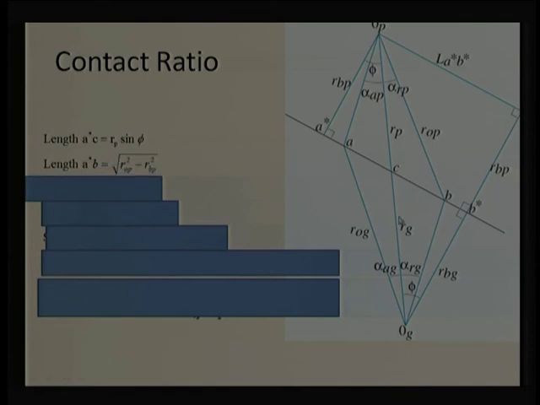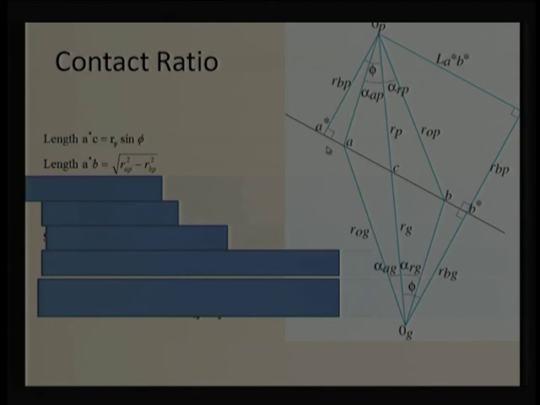Now, we can figure out this length also, A star B. Again, there is a right angle triangle. A star B can be figured out using this relation. We can take this ROP also in terms of that, and we can find out this using those relations. So, this is ROP, the length of OPB, that is ROP is the outside radius of the pinion, if that is known, and this is the base radius, known to us.